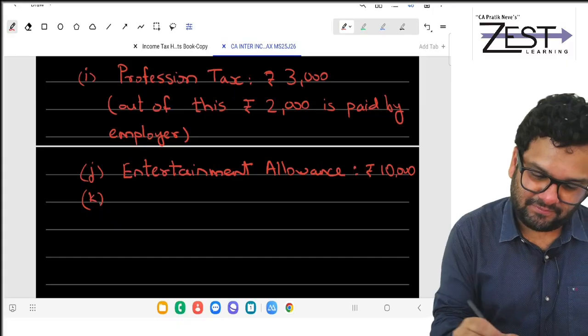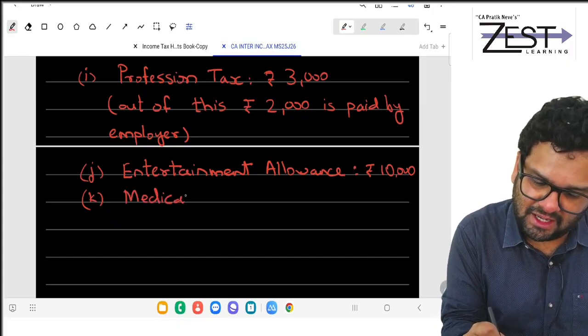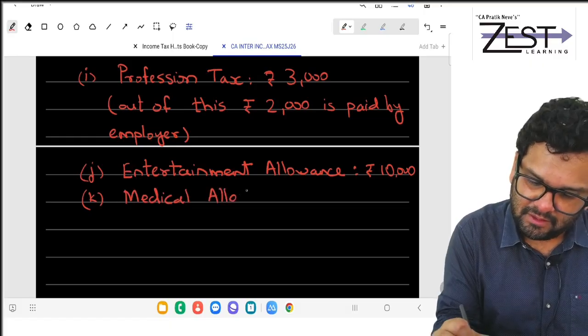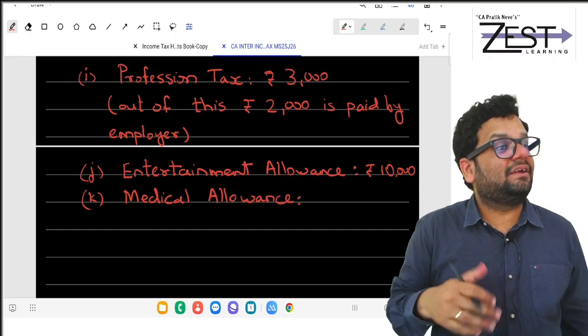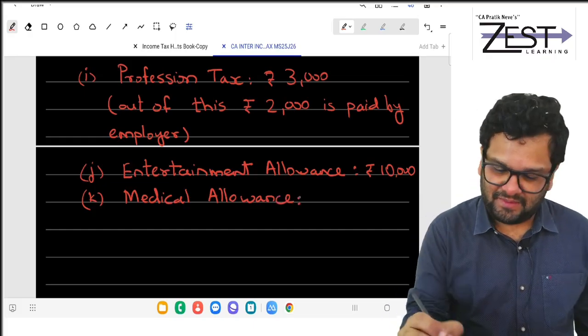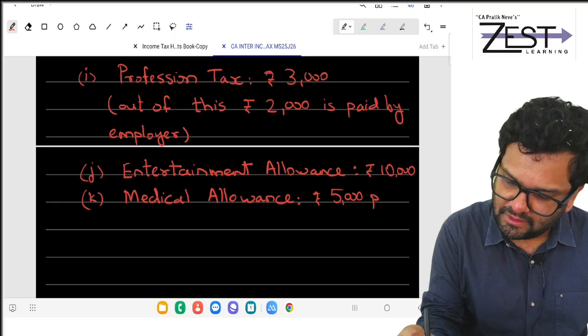Next, medical allowance. What is medical allowance? Medical allowance is personal, like entertainment. Medical allowance is say 5,000 per month.